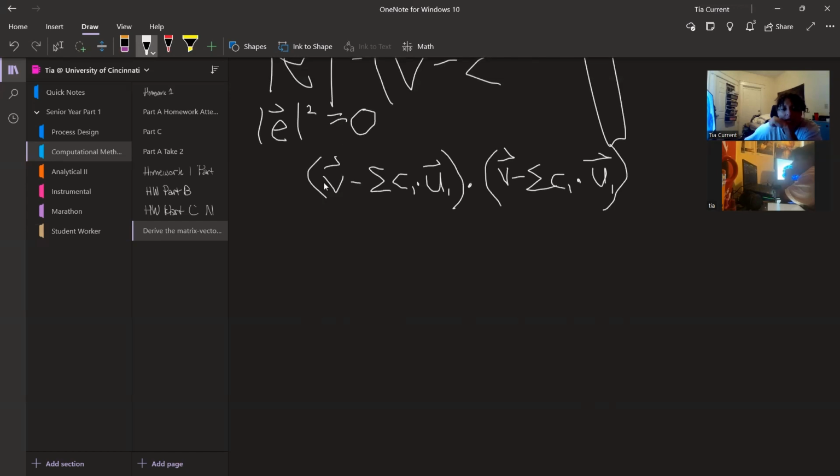Actually, we want the derivative to equal 0 to minimize it. So let's do a derivative sign of e squared over. I'm going to do this with the variable i instead of 1.